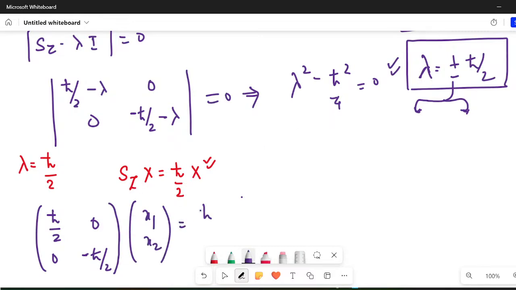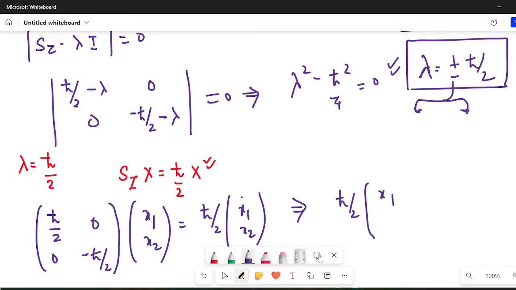Here you have h cut by 2 times x1 and minus x2. It would be equal to h cut by 2 times x1 and x2.